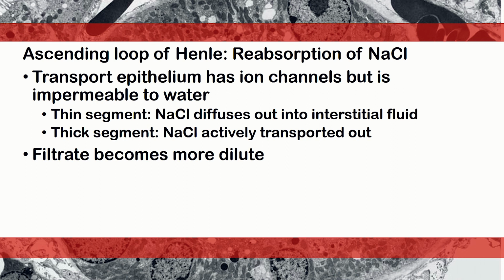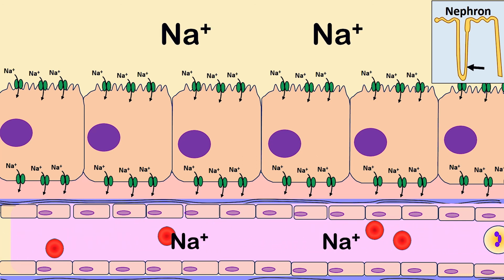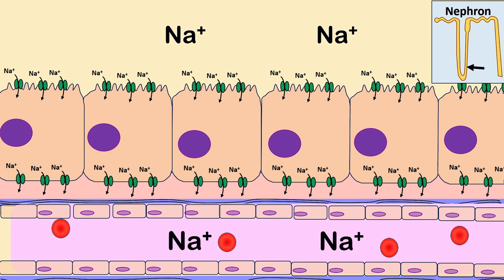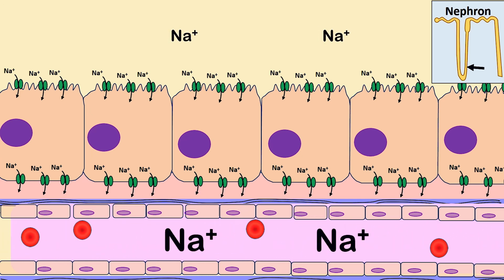This is going to occur in two main zones. The first zone of the ascending loop of Henle is referred to as the thin segment. This thin segment will allow sodium to diffuse from the filtrate into the blood via passive facilitated diffusion.